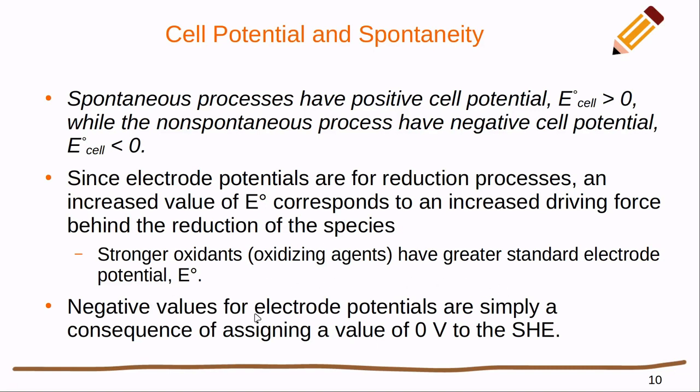And again, negative values for the electrode potentials are simply a consequence of assigning a value of 0 to the SHE cell. That means the SHE cell actually was acting as the cathode in that reaction, and we wound up getting that negative voltage.